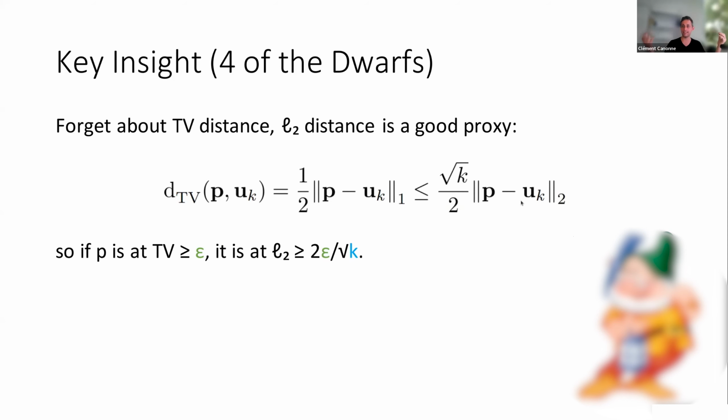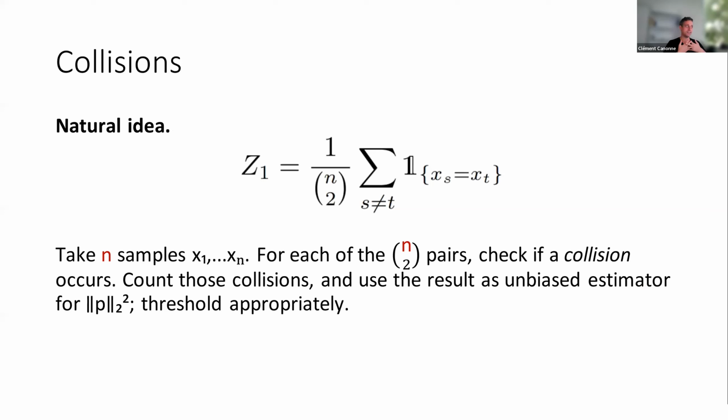So that gives me the first test, which is to count collisions. I take n samples, and here's my unbiased estimator. For all of the n samples, I look at all the pairs and check whether they collide, meaning two samples take the same value. I count the number of pairs that collide and normalize by n choose 2, because that's the number of pairs I have. That gives me an unbiased estimator for this.